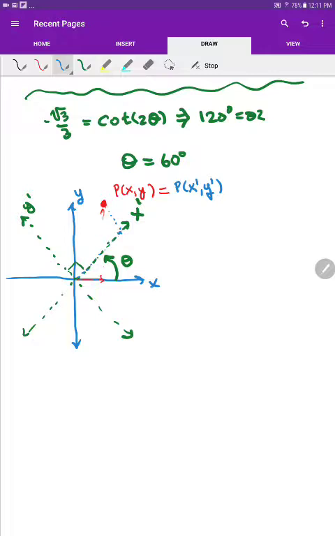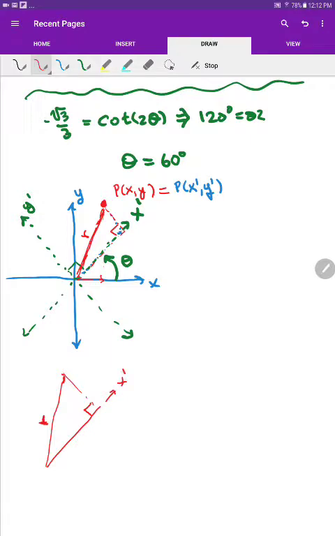So how do we define what x prime, y prime is? We can determine that by looking at this triangle. First, let's look at this triangle here, 90 degrees. So this red line here has a distance we'll call r, like the radius. This is 90 degrees.